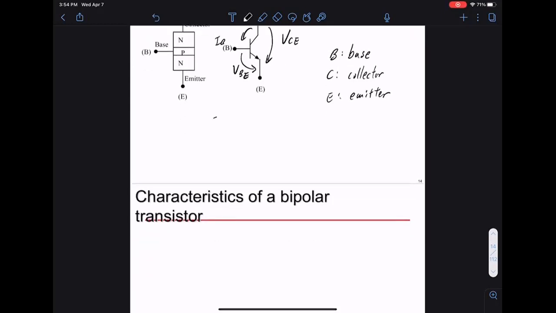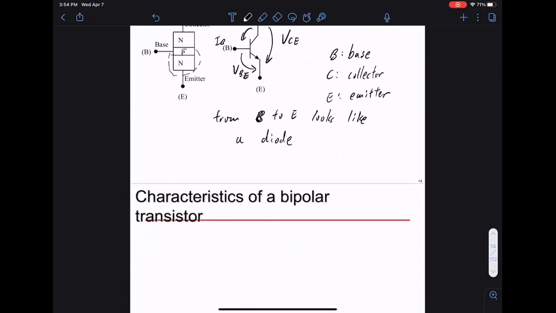So this part from B to E looks like a diode, because this is a PN junction.